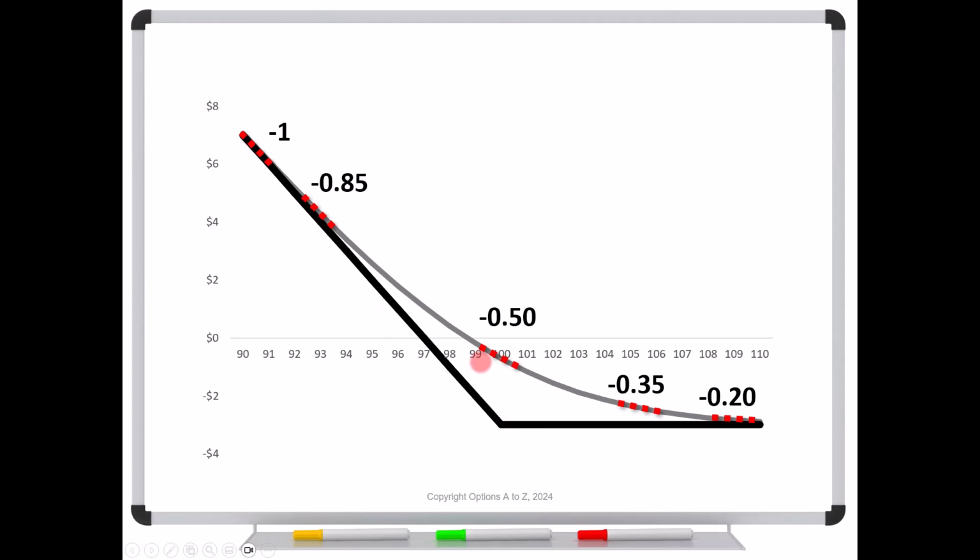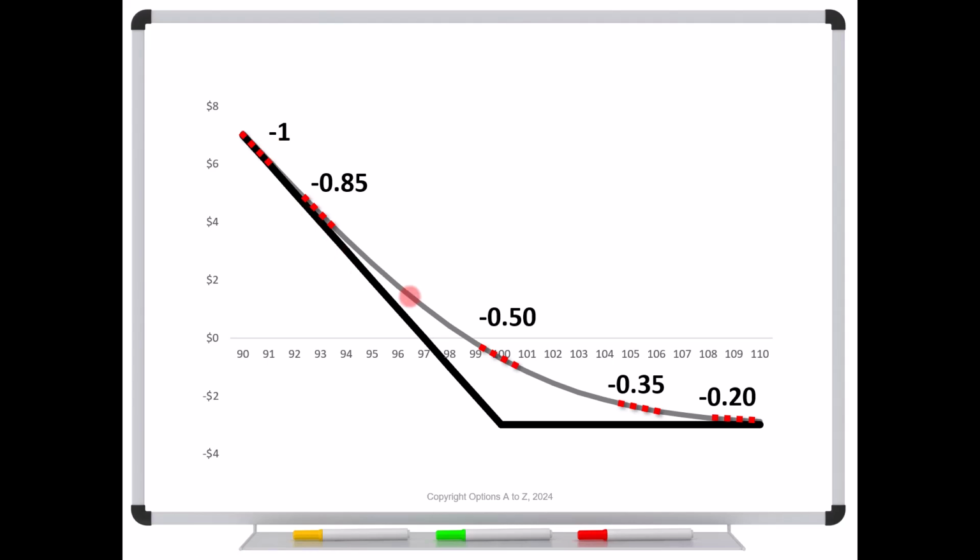As we get towards at the money, that little red segment is getting a little steeper. We're now about minus 50 deltas. As the stock price continues to fall, now maybe we're going to be minus 85 down here. And only if that put option goes super deep in the money are we going to be delta negative 1, in which case that put is behaving exactly like short shares of stock.